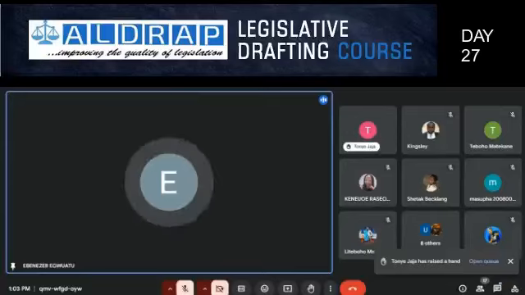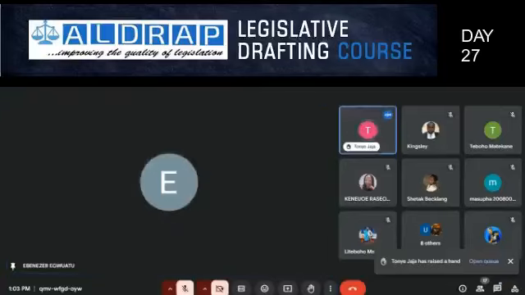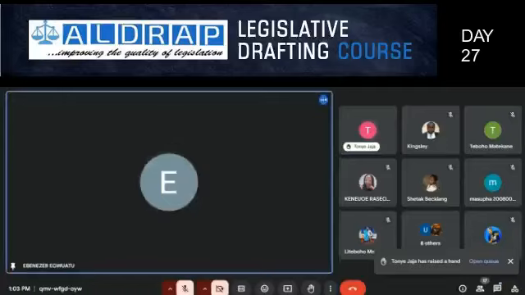Who has what role to play? Who has what function to play? Who has what powers? Okay, the minister shall do this. The commissioner shall do this. The executive secretary shall have the power to do this. These are administrative provisions.